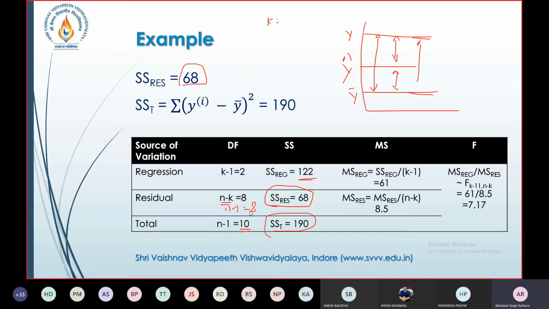So this is 8 and this is 10. The degree of regression is k minus 1, or 10 minus 8, which is equal to 2. So my degree of choosing this regressor is just 2.